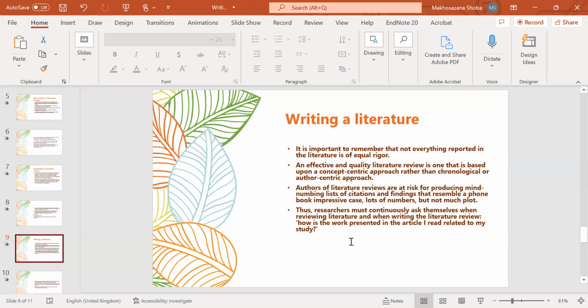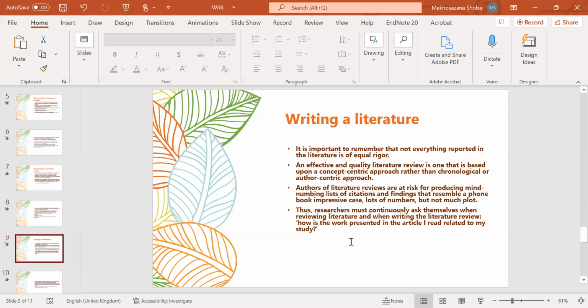So when you write a literature review about the teaching of mathematics, it's important to look for what concepts are being explored by different authors rather than focusing on who is writing on the teaching of mathematics, because those people may not necessarily engage with literature that addresses the concepts that you're looking for.